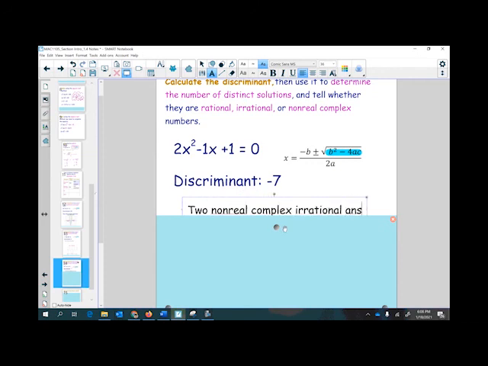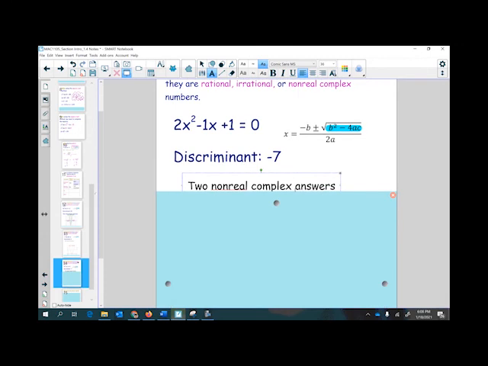Irrational kind of is reserved for answers that are not imaginary. So we have two non-real complex answers, or solutions, you could say, okay?